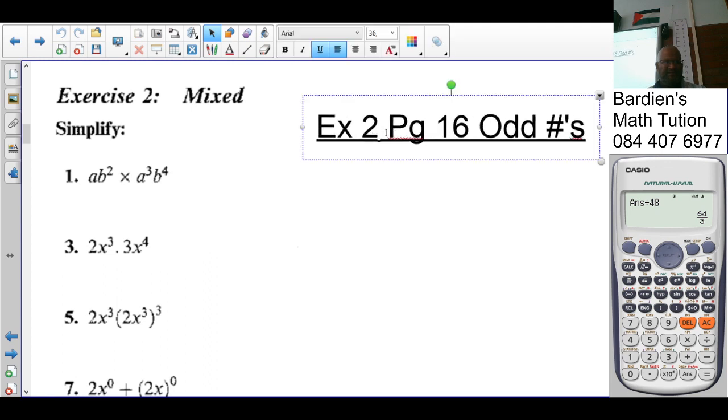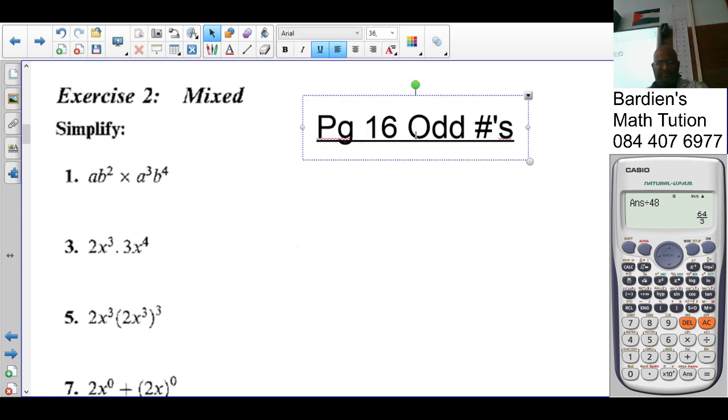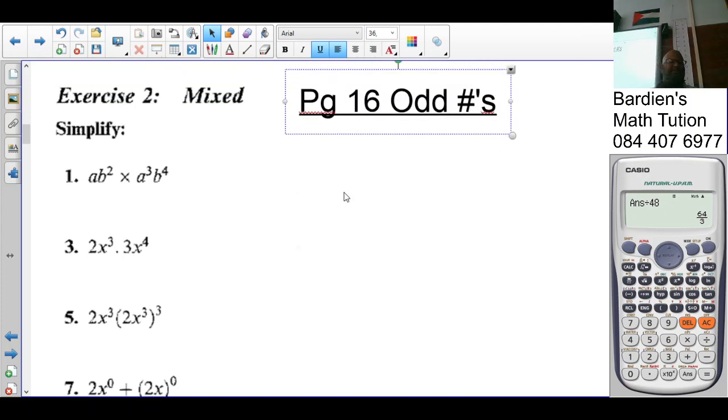Okay, exercise 2 on page 16, the odd numbers.